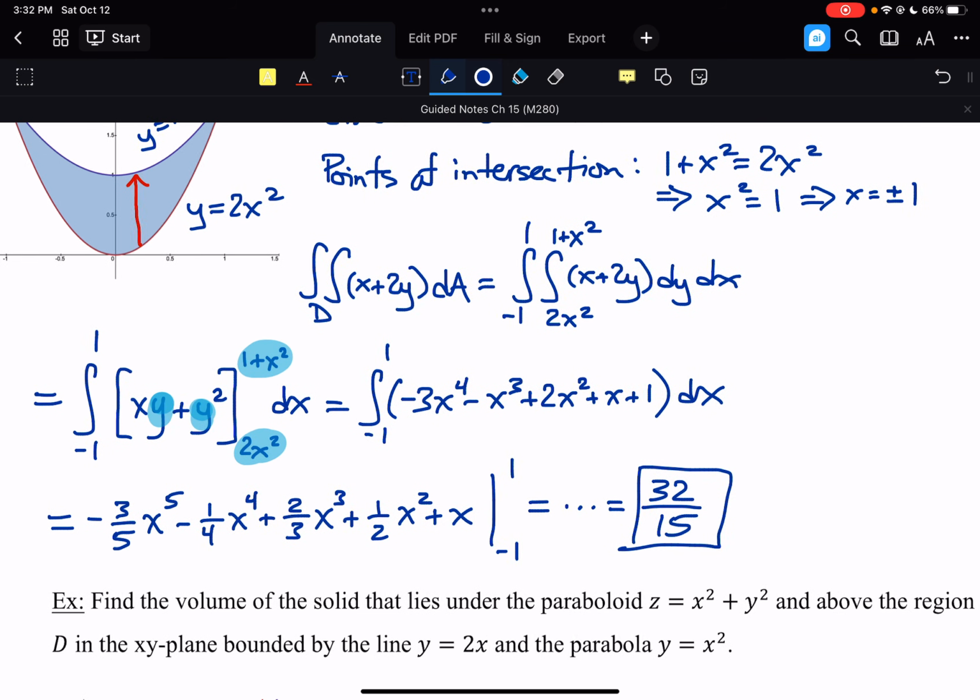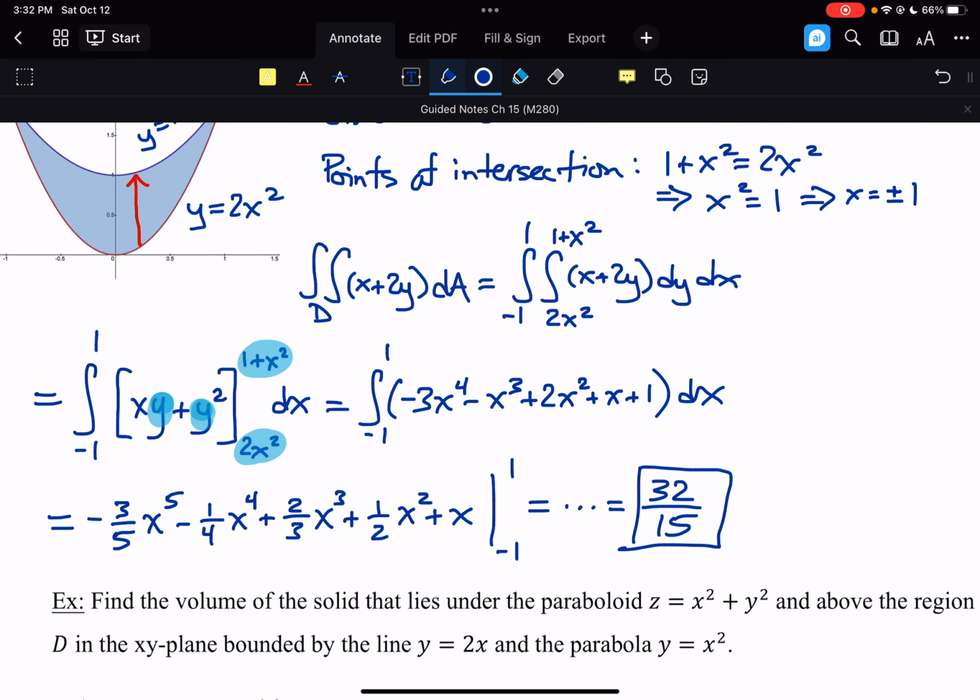So if we took the region and extended it up, see how that's making a cut along the paraboloid? And then I take the green one and do the same thing. It's also making a cut, and it's filling in that region there.